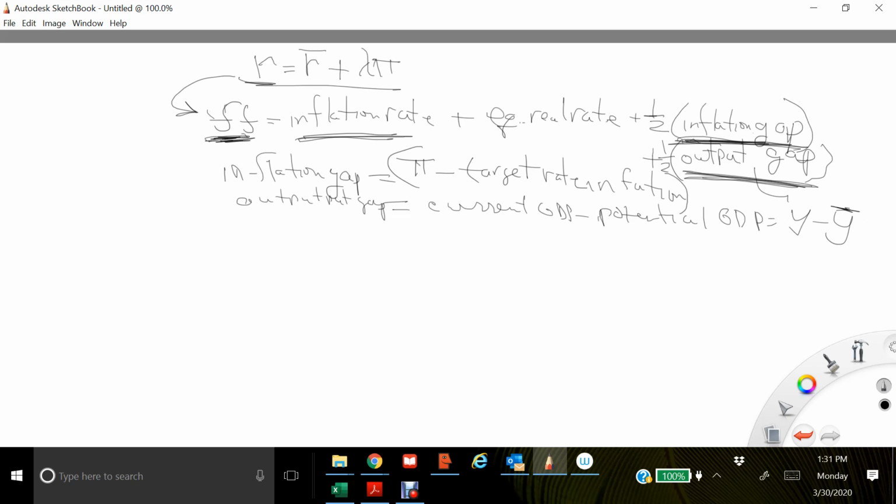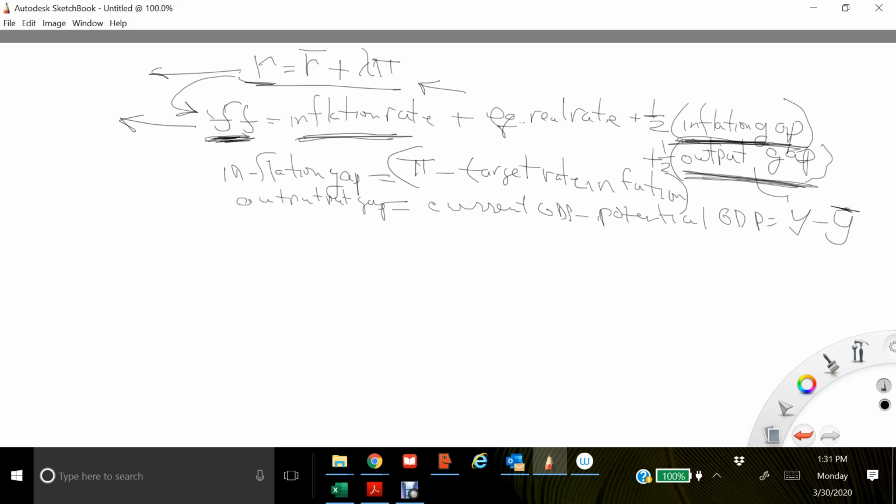We don't have income in this equation. So what's going on here? How can we say this is the monetary policy rule and this also is the monetary policy rule? What happened to income in this equation? What happened to the inflation?